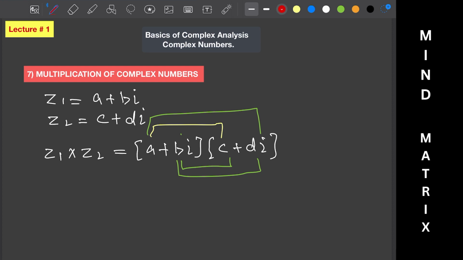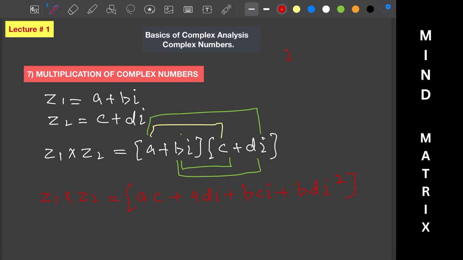So let's do this. z1 cross z2 equals ac plus ad iota plus bc iota plus bd iota square. Iota will be multiplied by iota and it will become iota square.